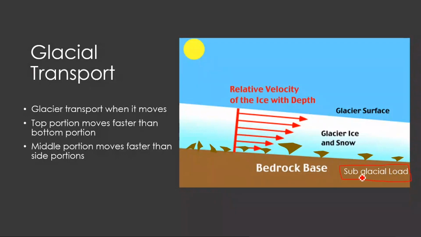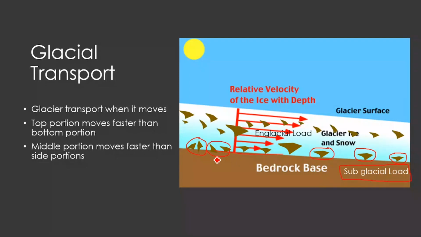First one is subglacial loads, which are the sediments or large boulders carried by the glacier in the bottom portion of the glacier, along the contact between the glacier and the bedrock.